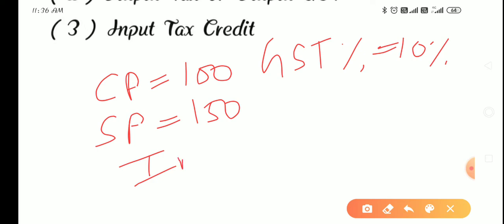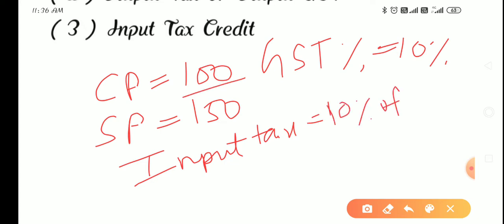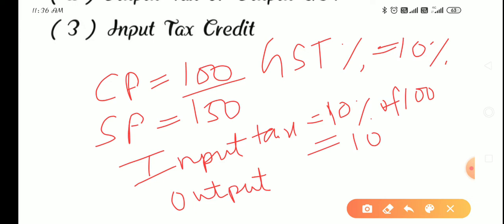Input tax will be 10% of 100, so it will be 10 rupees. Output tax will be 10% of 150, so it will be 15 rupees.